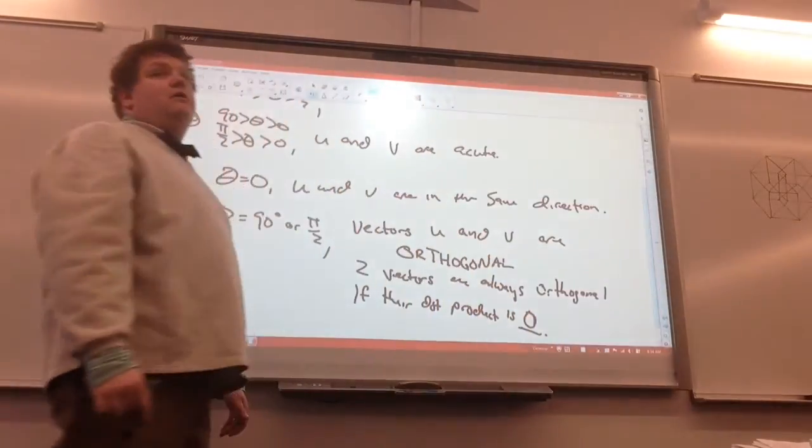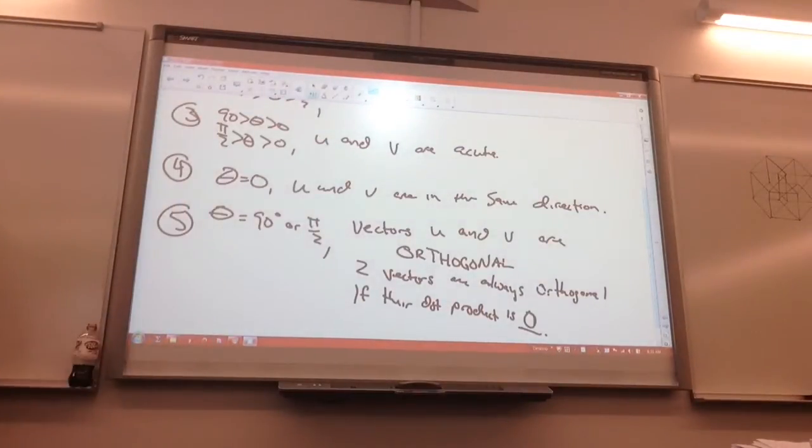So if I took the dot product of two vectors and got 0, that means the vectors are orthogonal. That means they really lie at right angles to each other. And so it ends up being a kind of important distinction. How do we know they'd be at right angles if their dot product is 0? What would that mean for the cosine of theta? Basically, what's the cosine of 90 degrees equal to?